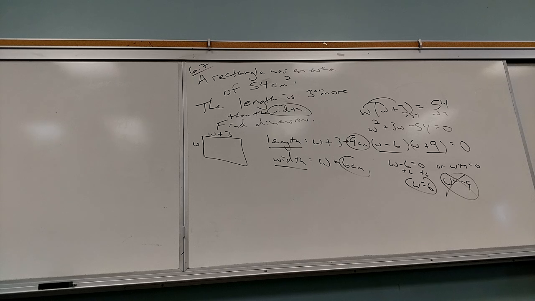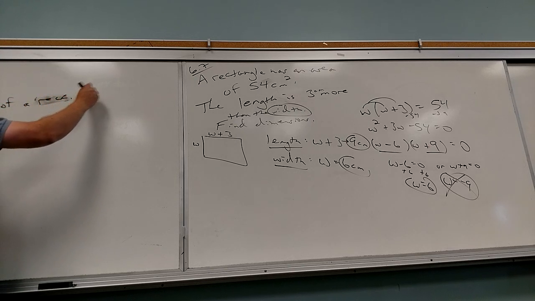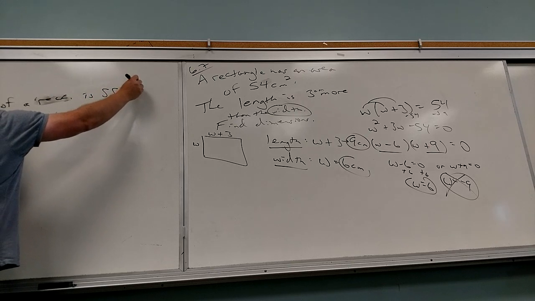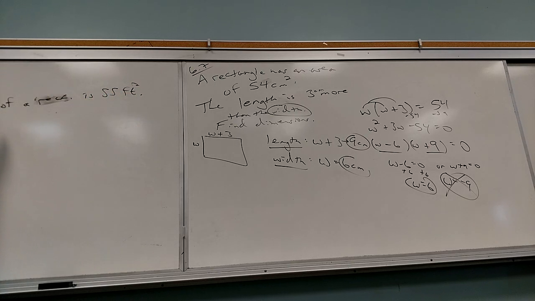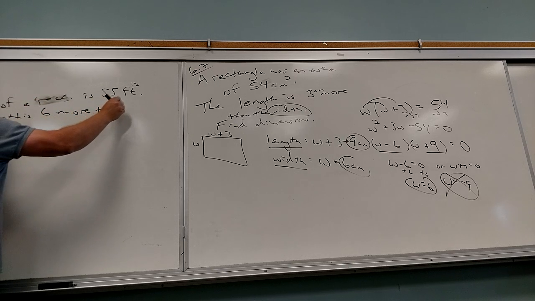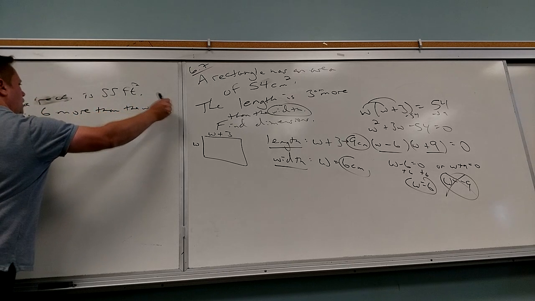55 feet. So what would the word problem be? One word problem you can use is: the area of a rectangle is 55 square feet, and the length is 6 more than the width. Find the dimensions.